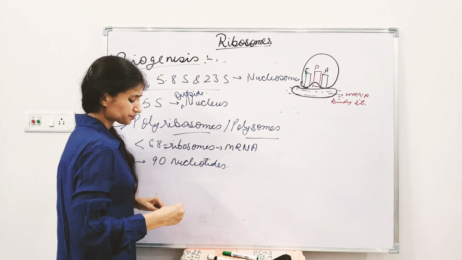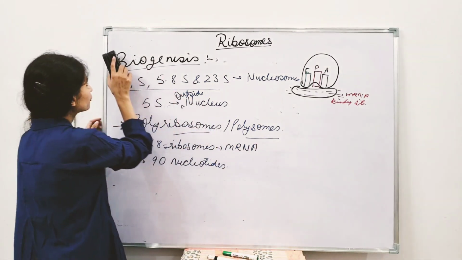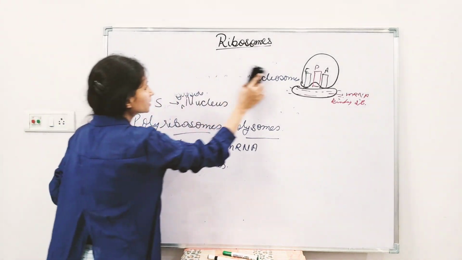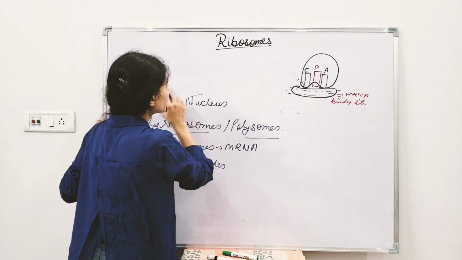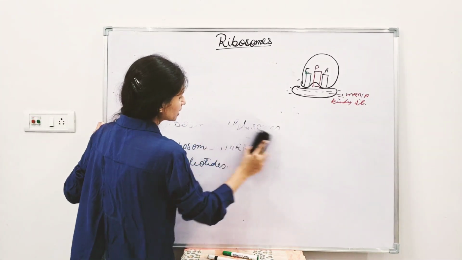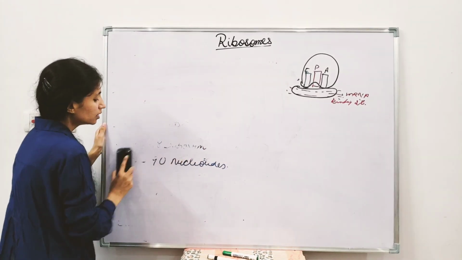Now the last thing that comes up is the functions of ribosomes. As we all know, ribosomes are the site of protein synthesis. Other than that, they also contain an enzyme called peptidyl transferase, which helps in protein synthesis.